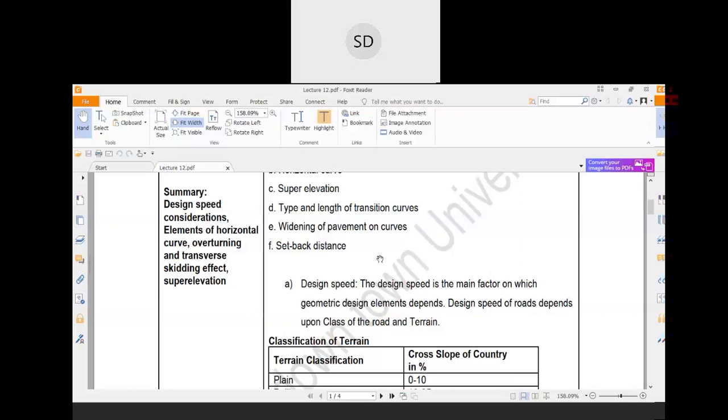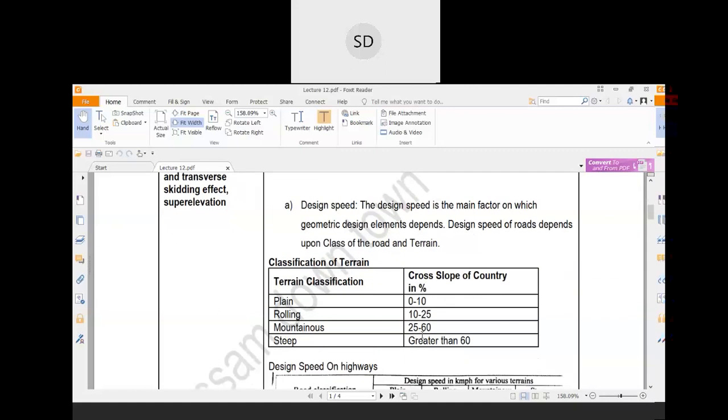Now, whenever adequate data are not available for the design speed of a particular area, in that case, you have to provide the design speed value as the 98th percentile of the speed. If there are data for the design speed, in that case, you can directly refer to the data.